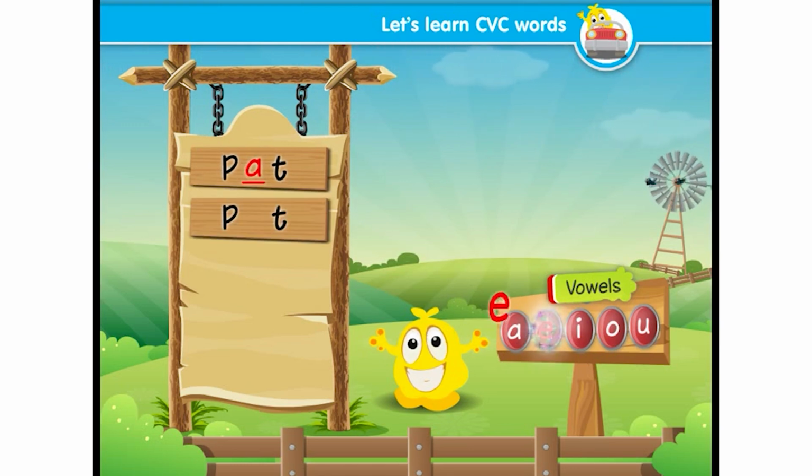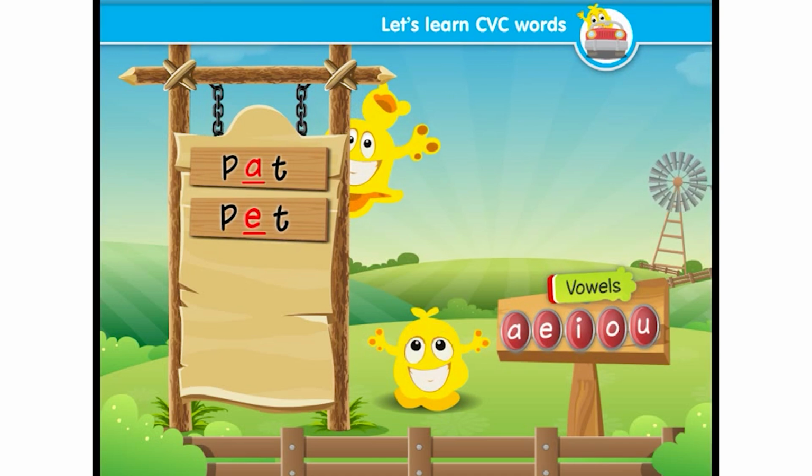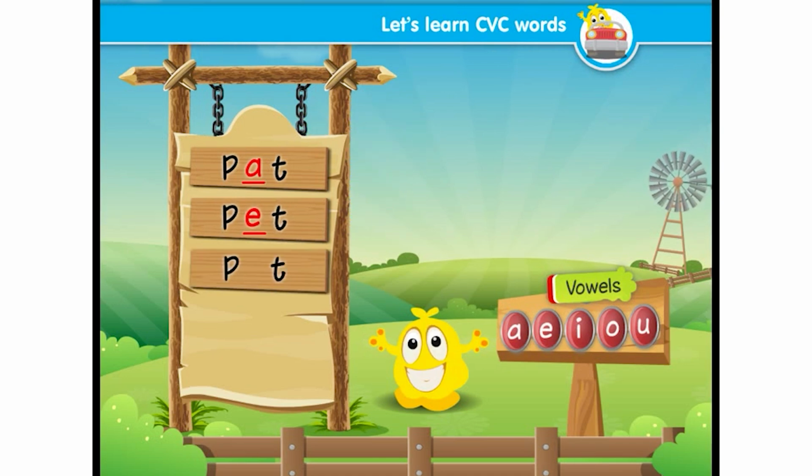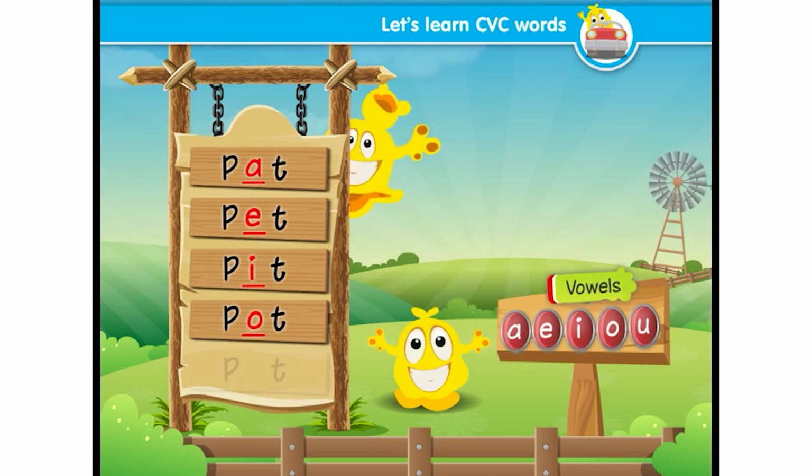If we put E, it becomes P, E, T, pet. If we put I, it becomes P, I, T, pit. If we put O, it becomes P, O, T, pot.